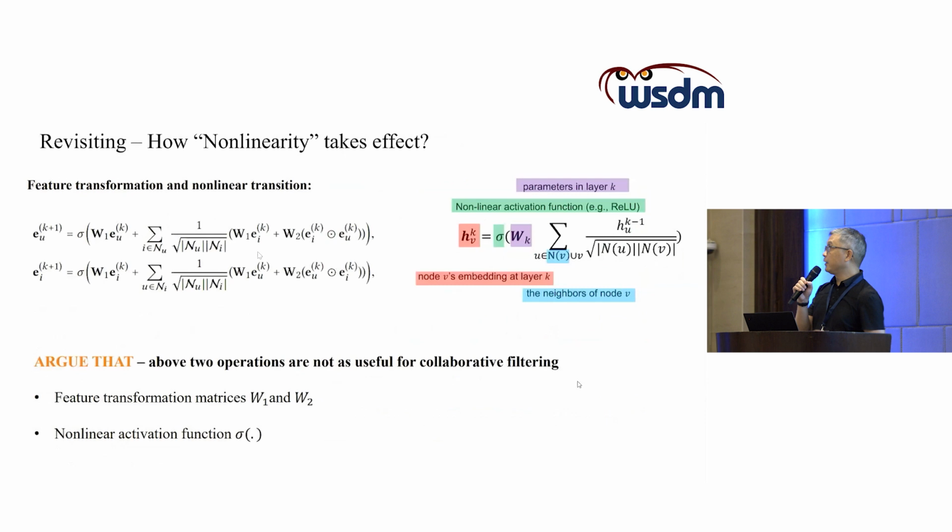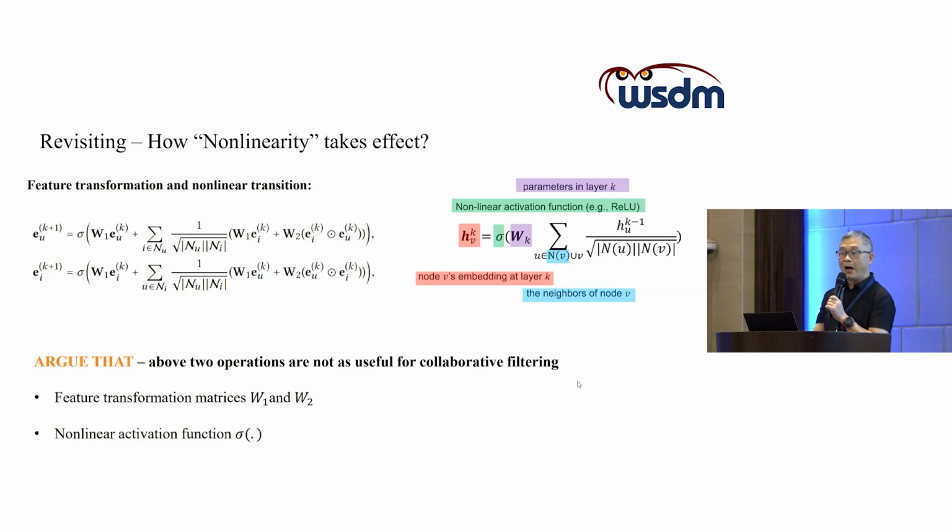The second point concerns the node embedding: most of them adopt feature transformation and non-linear activation functions. Node embeddings go through such a mechanism.